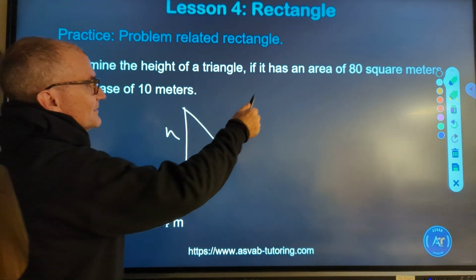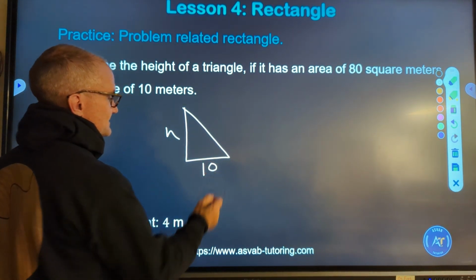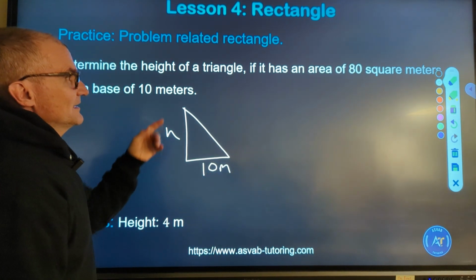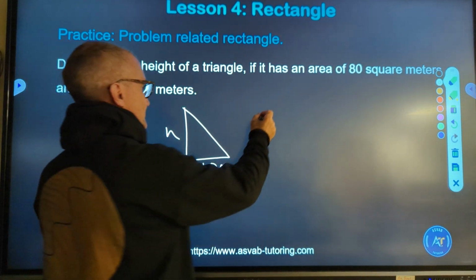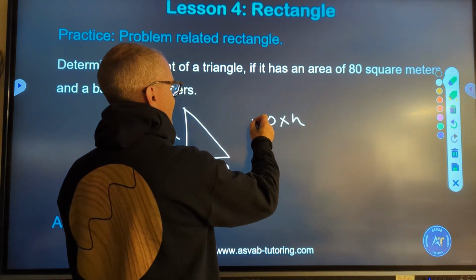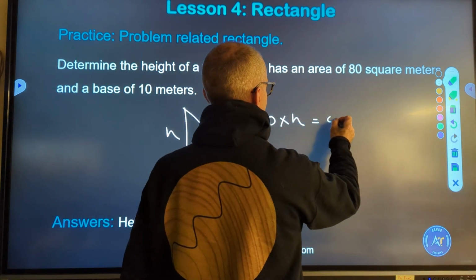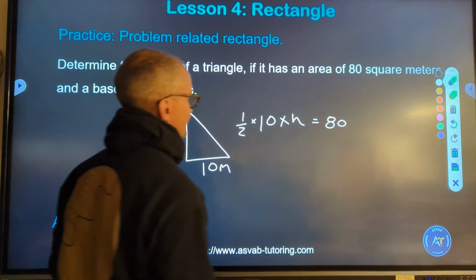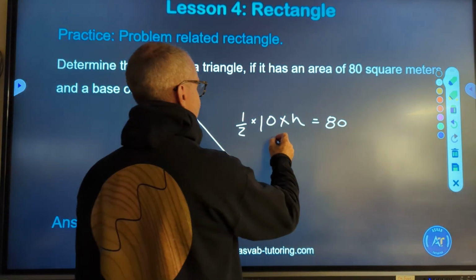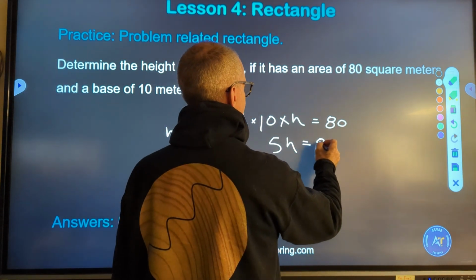If the area is 80 square meters and a base of 10, so that means I got a base of 10 meters and an area of 80, so that means base times height times that 1/2 is equal to 80, right? So then I'm going to just do 1/2 times 10 to get 5h equals 80.